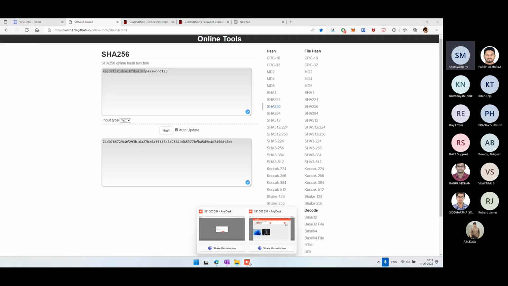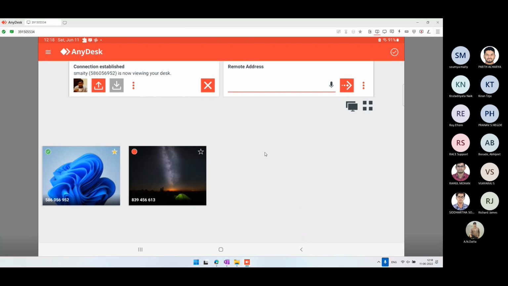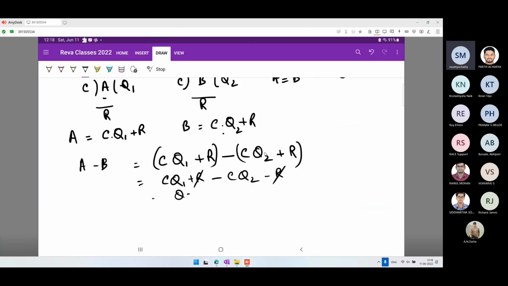Okay. I guess now we get it. Yeah. But I was telling A minus B equals CQ1 plus R minus CQ2 plus R, right? This one and this one. That means R and R cancel out. It is Q1 minus Q2 into C. Q1 minus Q2 is always an integer, assuming Q1 is greater than Q2.